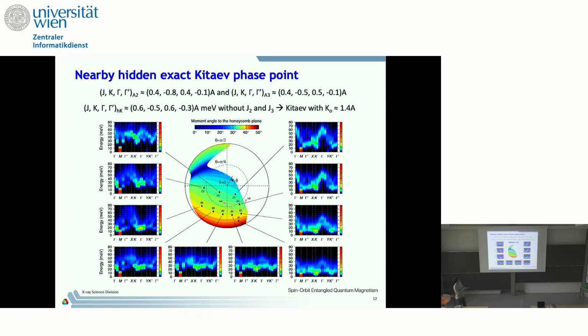As you can see, the parameters are not that far, but not that close, so we can say it's approximate. Anyway, there is the hidden Kitaev point. The original Kitaev term is ferromagnetic, but this hidden Kitaev is antiferromagnetic, and the energy scale is about 40 meV. It's quite large.